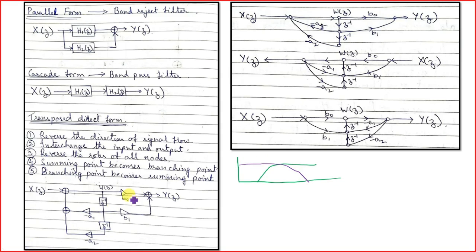In the first stage, when I applied the high pass filter, this red shaded area was completely eliminated, right?